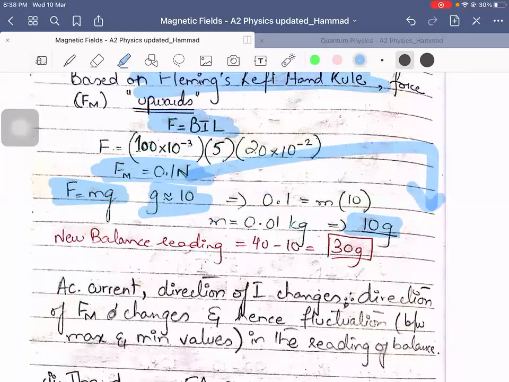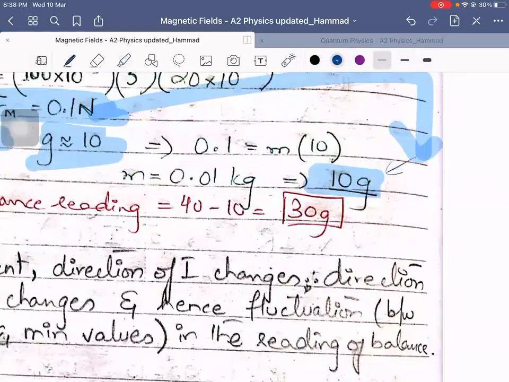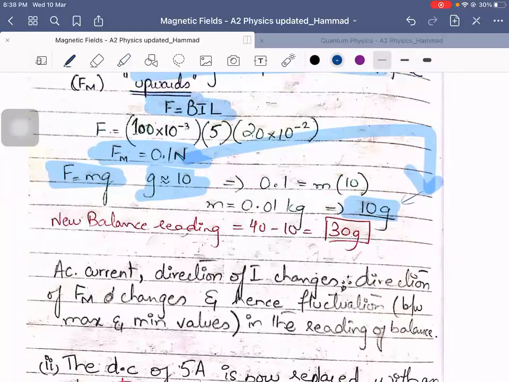Magnetic force of 0.1 Newton would give you 10 grams, right? It was mentioned in the question that the wire had a reading of 40 grams initially. Since weight and magnetic force are in the opposite directions, you will subtract them to get your new value.